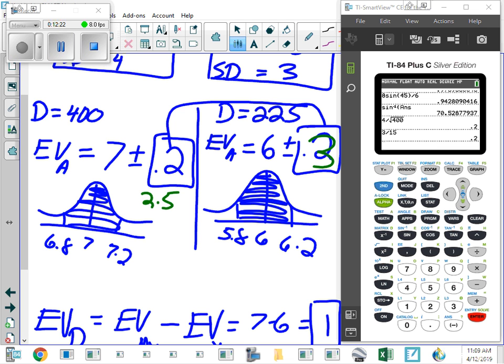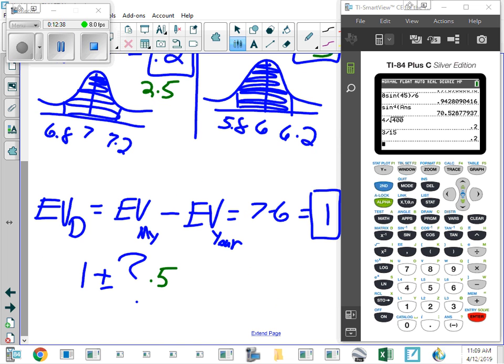So how do we calculate the standard error for the difference? And the answer is, we do the Pythagorean theorem. A squared plus B squared equals C squared, where C is the difference. So we take 0.2 squared plus 0.3 squared, and then we take the square root of that.